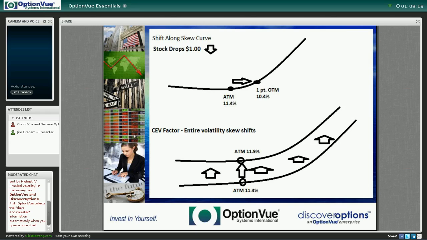This is the at the money option, and this is one that's $1 out of the money. When the stock drops $1, this at the money will now be $1 out of the money. So that's why this MIV will change to being the same as the $1 out of the money is now. Hope that makes sense.